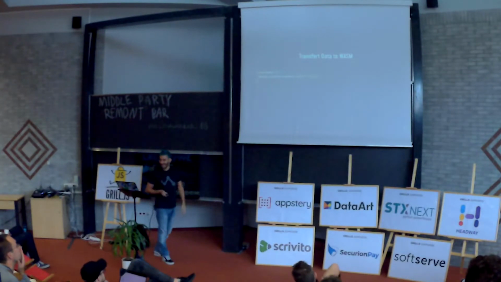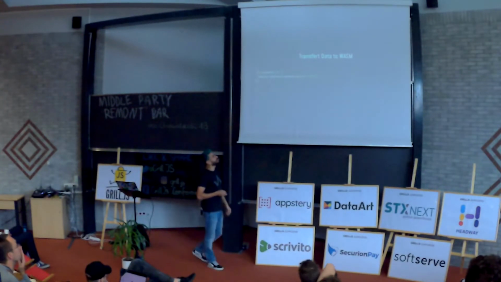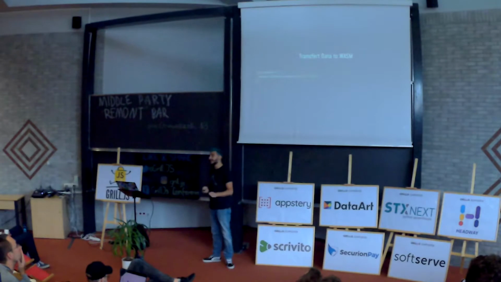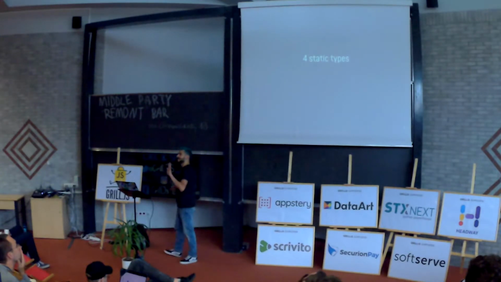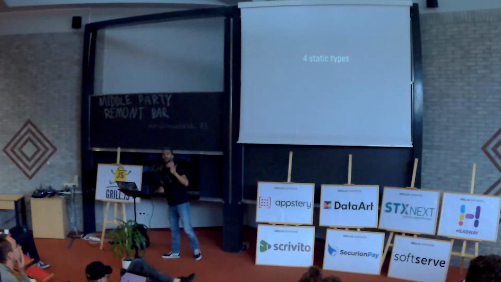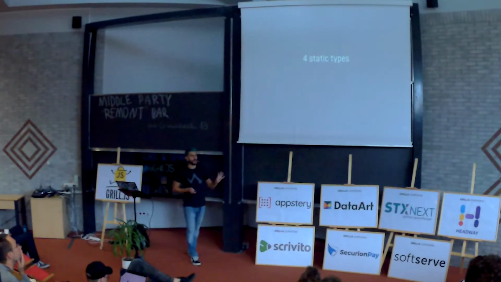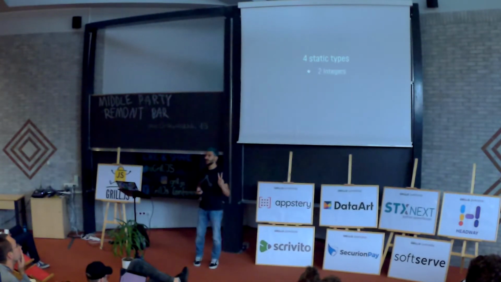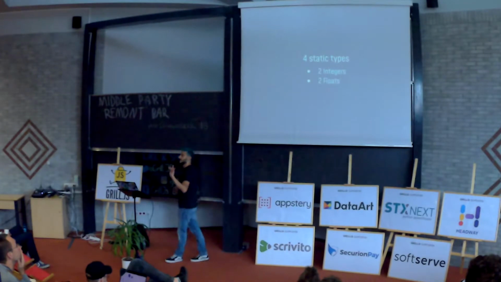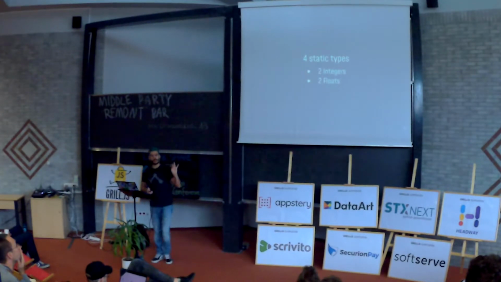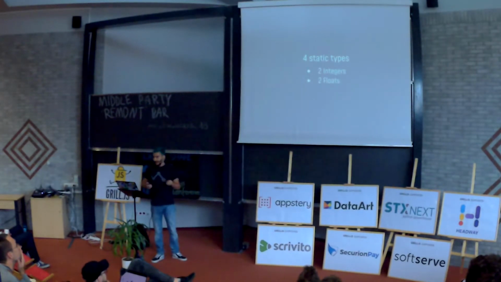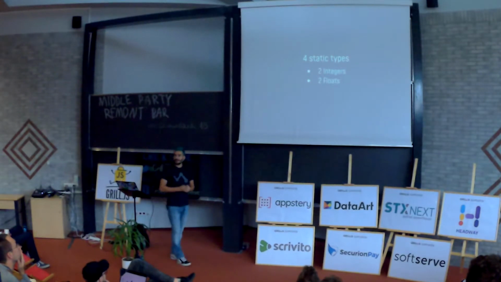Nice, pretty nice. Okay. Problem is, I've got 4 static types inside my WebAssembly virtual machine. I've got 2 integers and 2 floats. And that's all. So that's a little bit small.